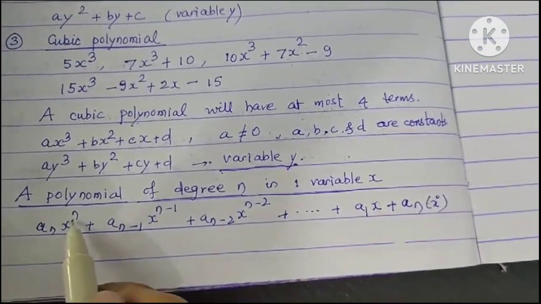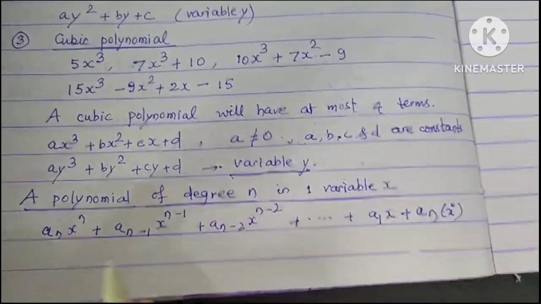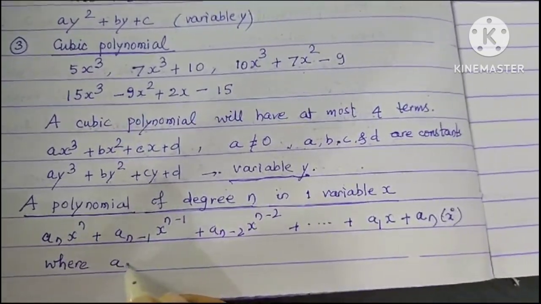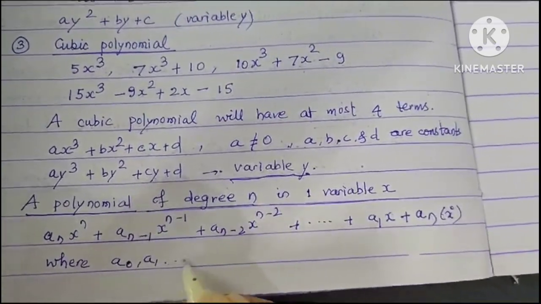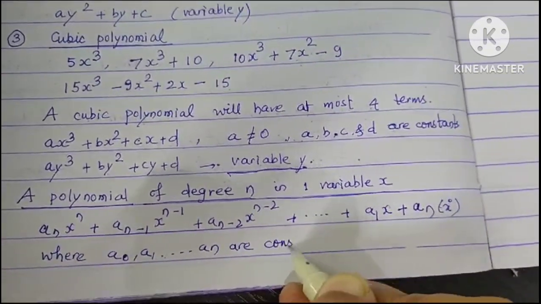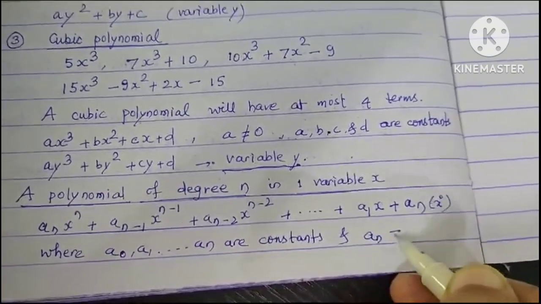So the indices go 0, 1, 2, 3 up to n, where all the a0, a1, up to an are constants and an is not equal to 0.